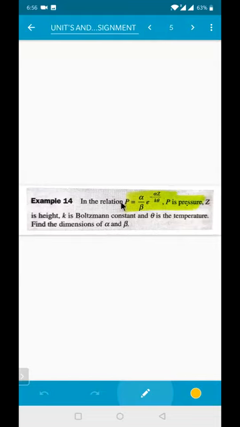So read the question once again. We have got a relation P is equal to alpha by beta exponential to the power of alpha into Z divided by K into theta, where P is pressure, Z is height, K is Boltzmann's constant, and theta is the temperature. Find the dimensions of alpha as well as beta.